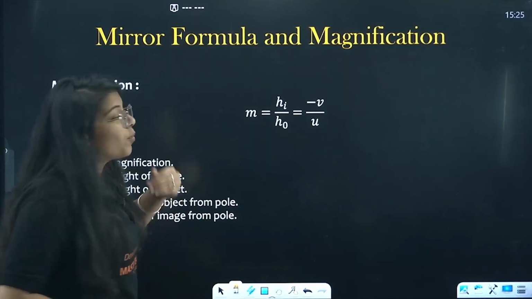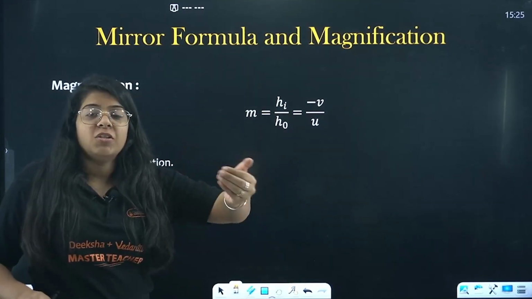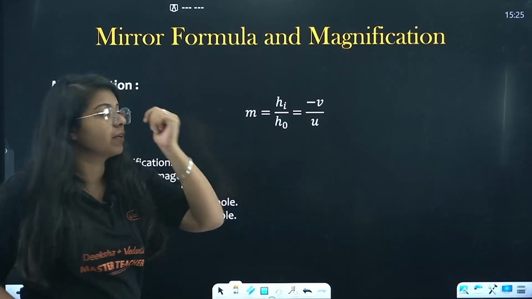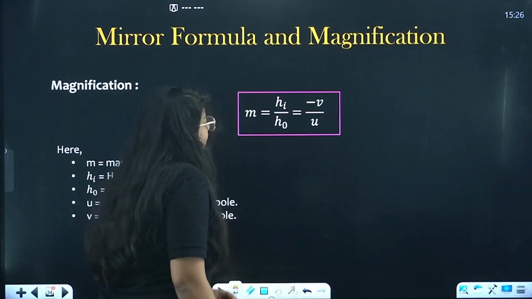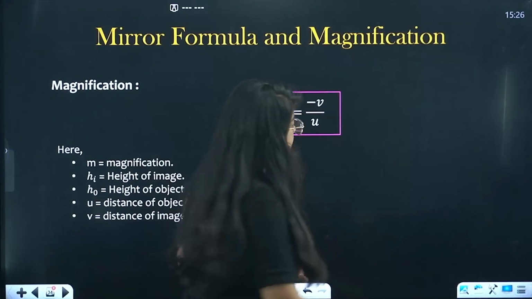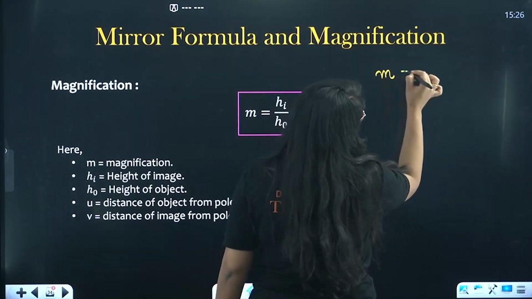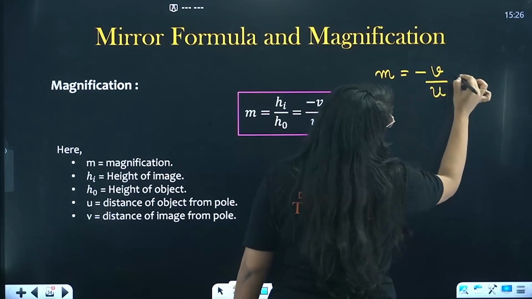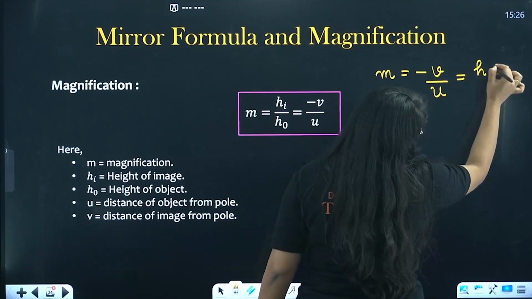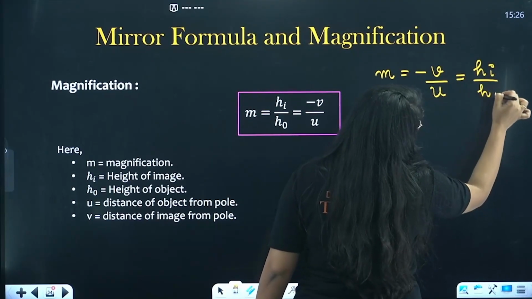Magnification means how much larger or smaller your image is as compared to the object. The formula is a little bit tricky to remember, but simply magnification is minus image distance divided by object distance, or height of image divided by height of object.